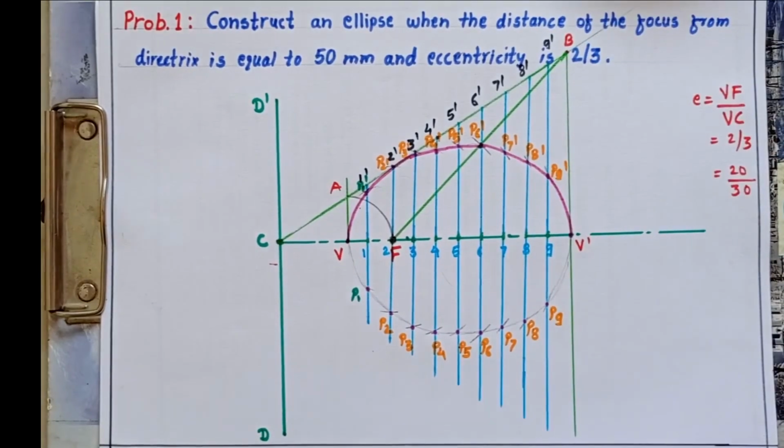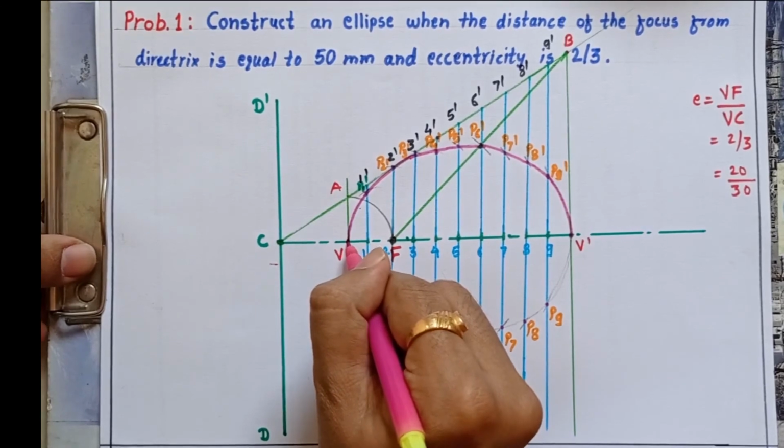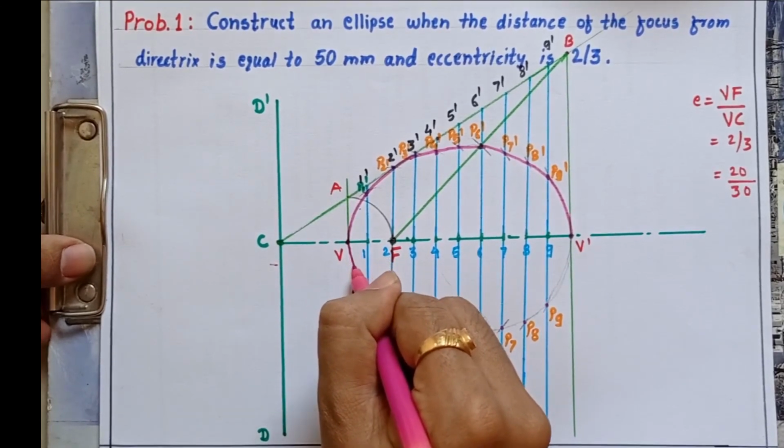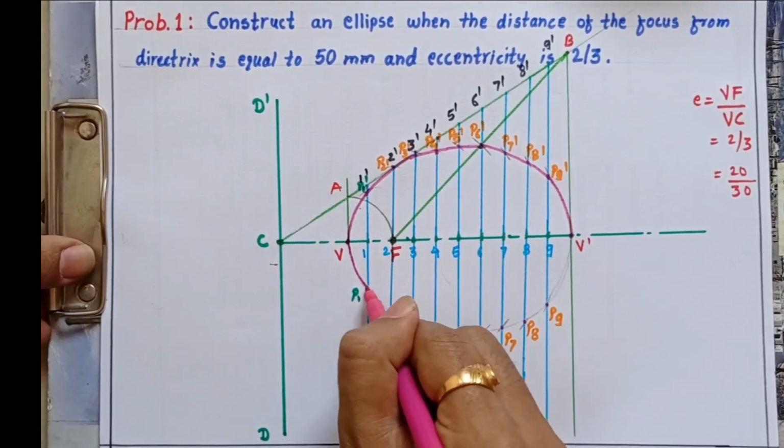This is the half portion of an ellipse, which is the upper portion of the ellipse. We go for the lower portion of the ellipse again by simply connecting all these points P1 to P9 by means of a smooth curve.